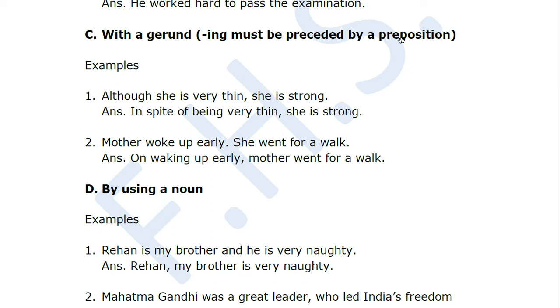Otherwise, this will become a participle. So you have to add a preposition. What is your preposition? On. So, on waking up early, mother went for a walk. Why did this on come? Because remember the rule, you have to add a preposition. Otherwise, you could have just written waking up early. No, then it doesn't become a gerund.